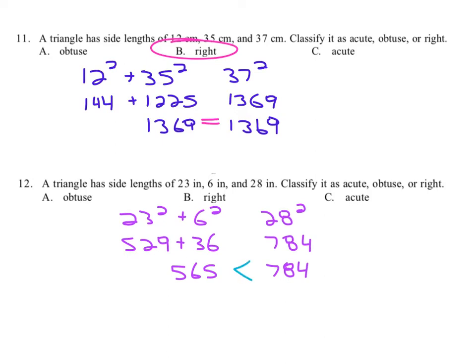And so I'm going to make a little illustration here. Let me use our little drawing tool. If we had a triangle and it was a right triangle like that, those numbers would be equal.